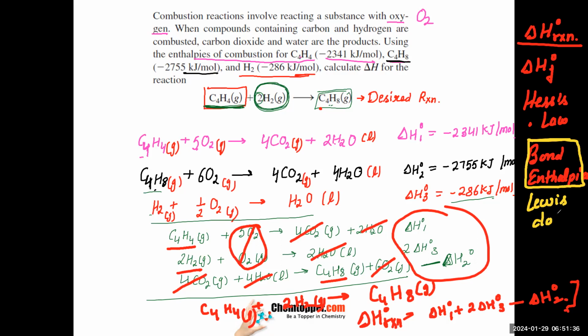So if this question is there in the exam, and it is a free response question, then they are checking you for two things. One, whether you know how to draw Lewis dot structures, then whether you know how to calculate delta H of reaction if bond enthalpies are given. So it is a very popular question in free response. Ready, children?